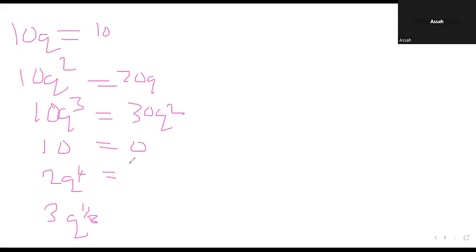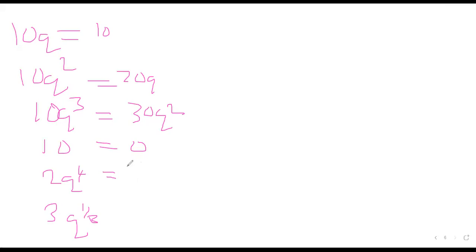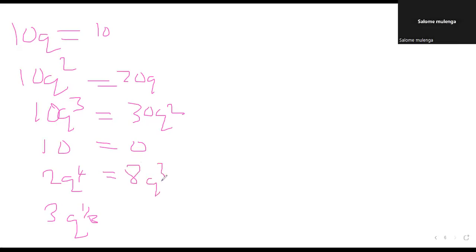It's a constant. 2Q to the power 4: 8Q to the power 3. And 3Q to the power 1/3: Q to the power negative 2/3.